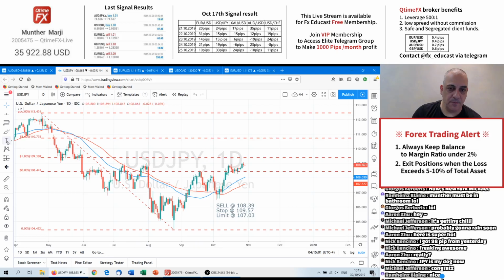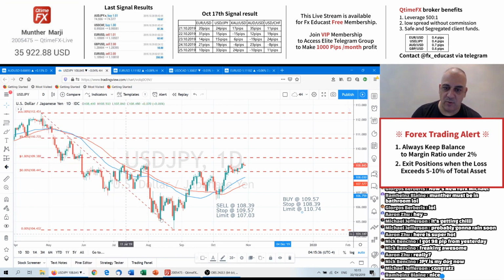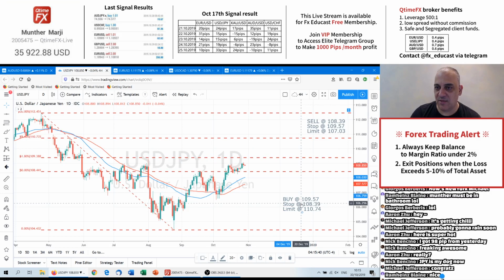We can have an entry that is a stop at the stop of the previous signal, a buy at 109.57, a stop at 108.39, the entry for the sell, of course, and a limit at 110.74. There you go, guys. This is the main recommendation, and in case things move against our expectations and the price starts moving to the upside, this is the recommendation that we have.